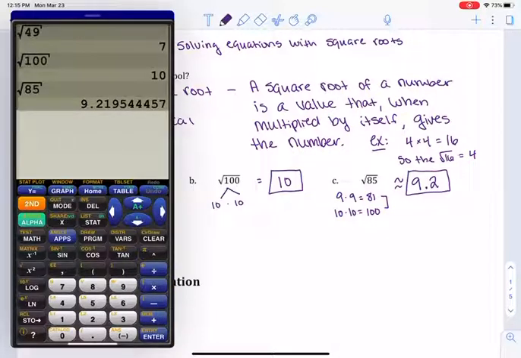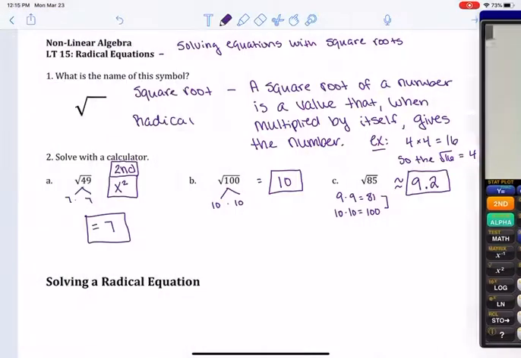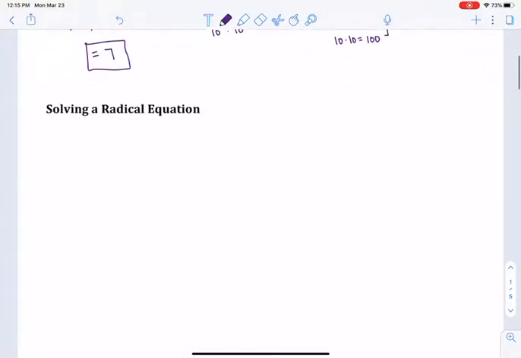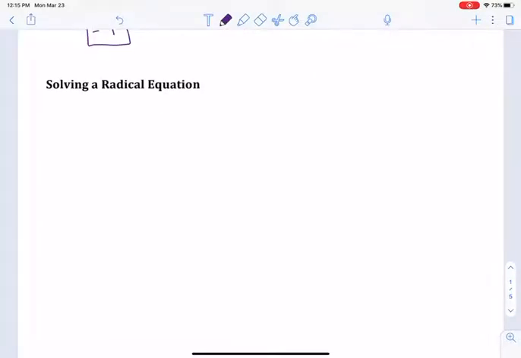All right, so let's look at the next part here where it says solving a radical equation. Let's write down some steps, and then I'm going to show you an example. Remember that this is almost like solving an equation that you've done before in the past. It just has a square root this time, so it's going to be a tiny bit different. So step number 1 is going to be isolate the square root, or the radical.